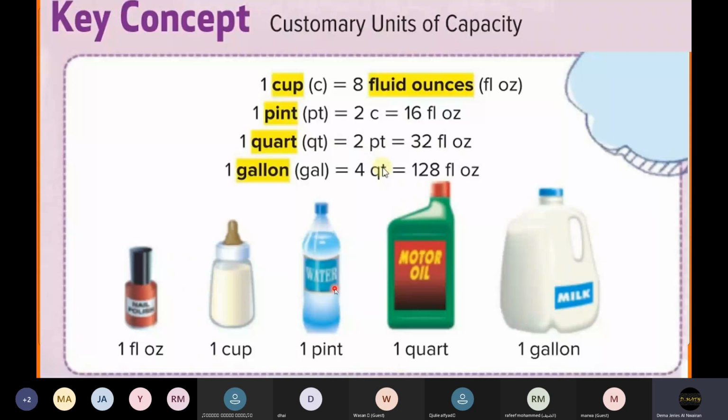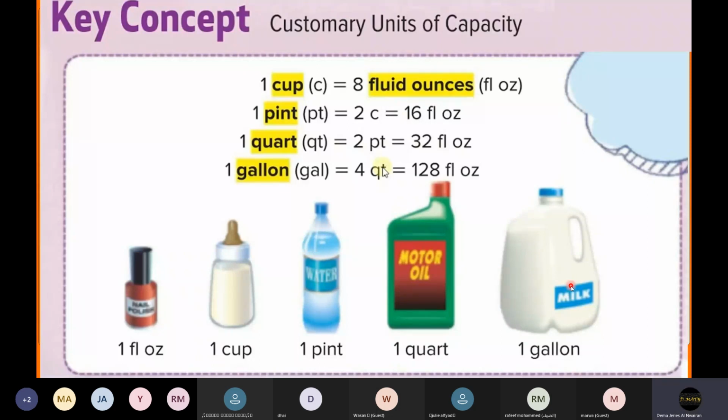If you put 2 pints, you can make 1 quart. And 4 quarts make 1 gallon. This is how to convert the customary units of capacity: cups, pints, fluid ounces, quarts, and gallons.